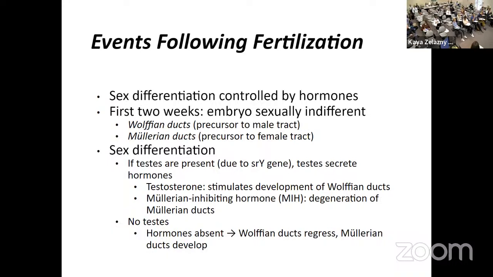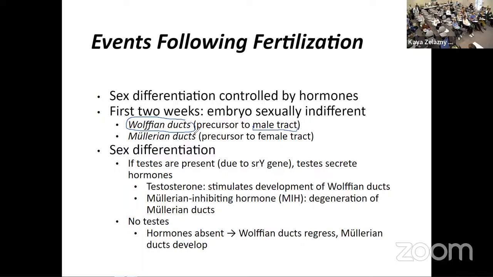Okay, so we're going to get a little specific about embryology right now. In the first 2 weeks, we consider an embryo to be sexually indifferent. It's not male or female, it just has the precursors to both tracks. We have ducts called Wolffian ducts, and these are precursors to the male tract.